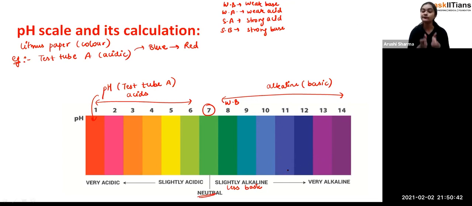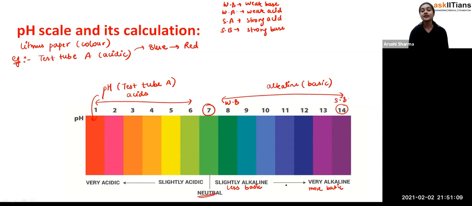But if we move from left to right, the basic character increases. You can see here it is very alkaline, that means it is more basic in nature. If any of the pH strip color matches with 14, that means the pH of that basic solution is 14, and you will say that it is a strong base.